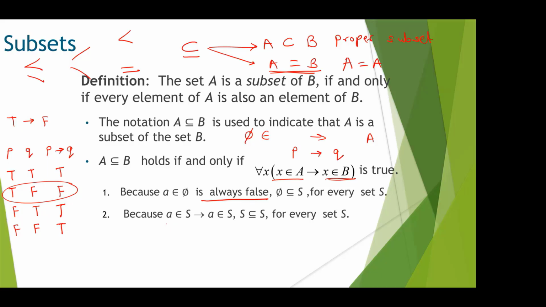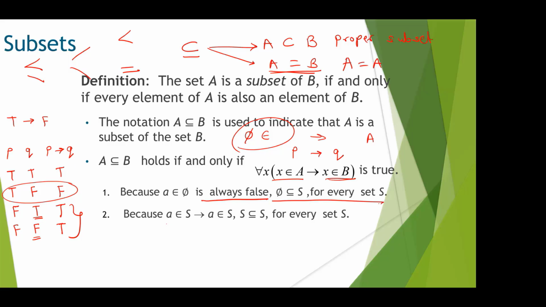This conditional statement is always going to be false at the front, and since false implies anything, it doesn't matter whether Q is true or false, our result of implication is always true. So if I say null is a member of some set, then null is a member of some other set. That implication will always be true, and hence null is a subset of every set.